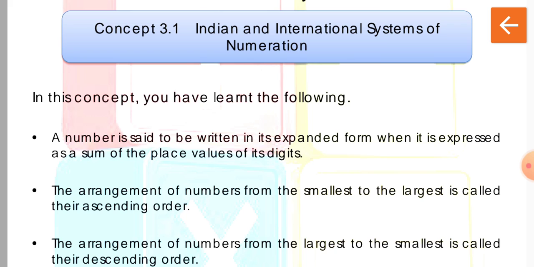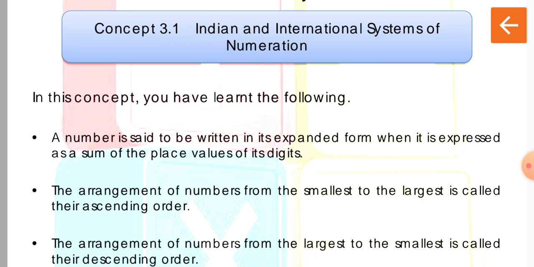So the expanded form means writing each digit with its place value as a sum. Okay. So we can say that a number is said to be written in its expanded form when it is expressed as the sum of place values of its digits.